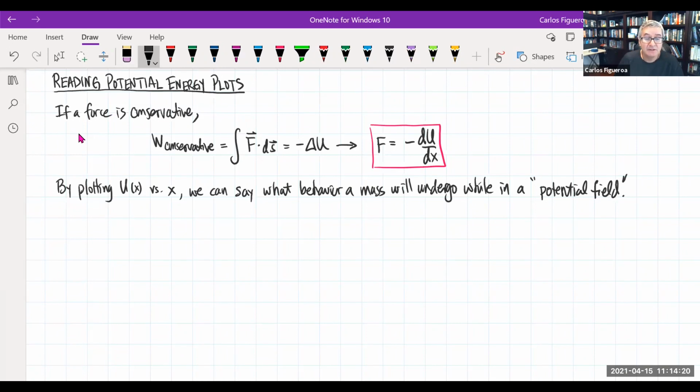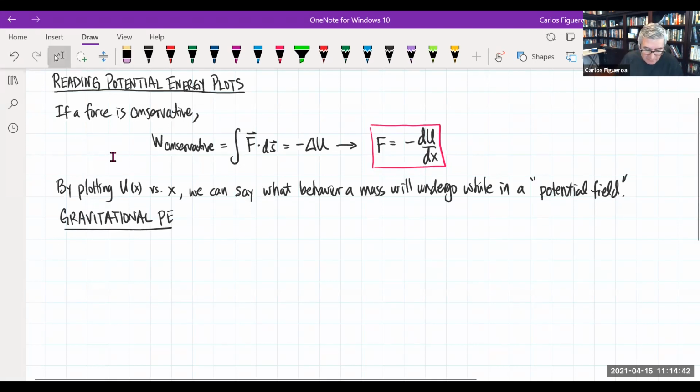I'm going to talk about the gravitational potential, and the spring potential, and then I want to go to an example. The first thing is the gravitational potential. Note that this is not in the book.